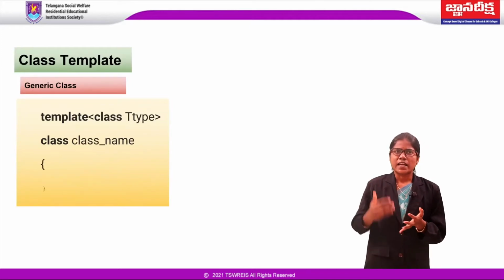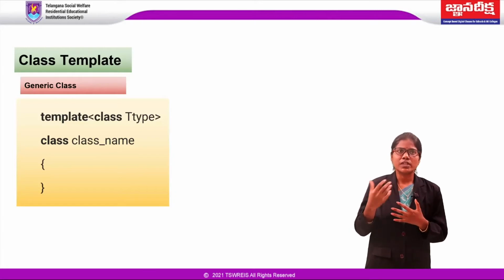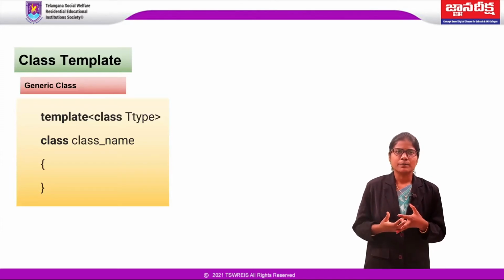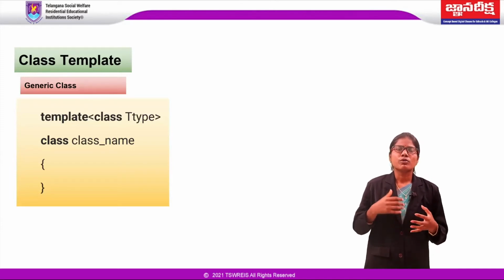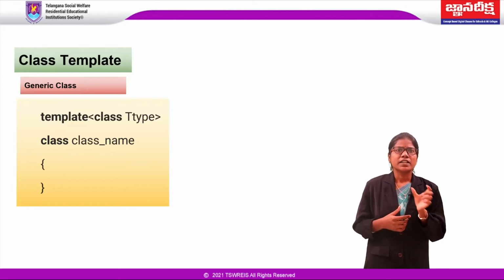A class template can be written using the template keyword along with the class name, and T type here is a placeholder name which will be determined when the class is instantiated or when the object is created. We can define more than one generic data type using a comma-separated list. The T type can be used inside the class body.